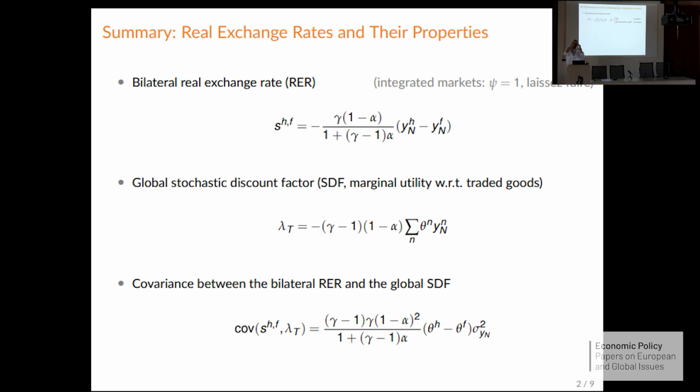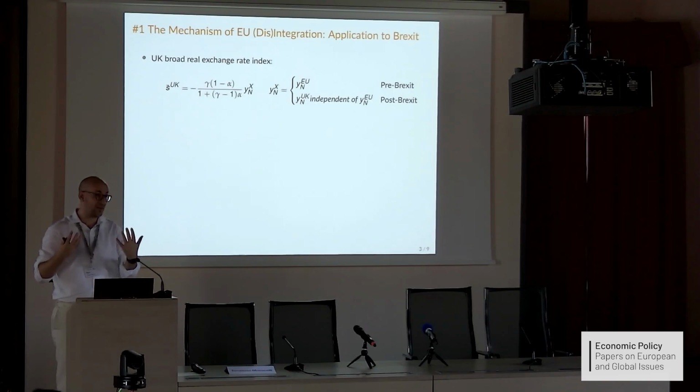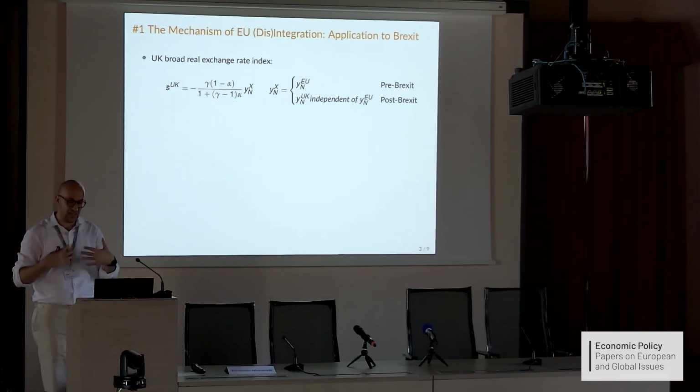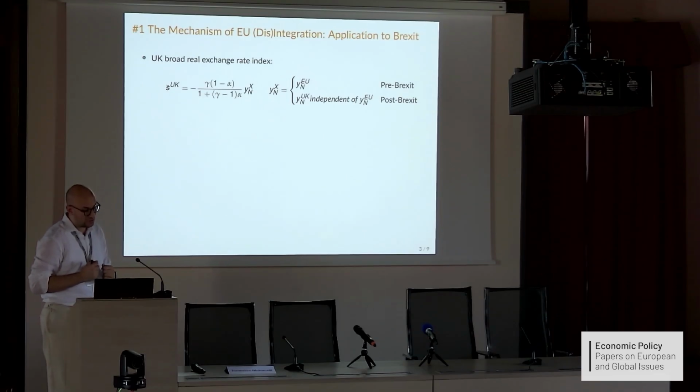So I want to illustrate the way in which the authors interpret the process of integration or disintegration. In fact, I will do that in the context of an application to Brexit, the case in which the UK withdrew from the European Union. So in the model, the UK broad real exchange rate index depends on the UK supply of non-tradable goods in this simpler version of the model.